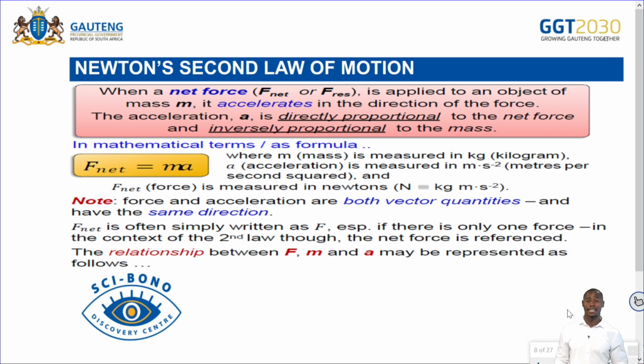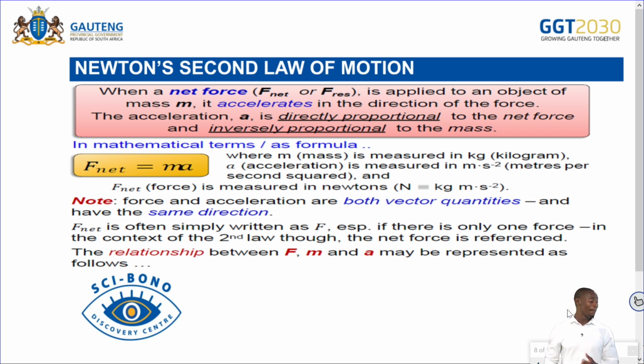Then Newton's second law. Now when it comes to Newton's second law, it states that when a net force is applied on an object, it accelerates in the direction of the net force with an acceleration that is directly proportional to the net force and inversely proportional to the mass. Okay, so now there's a net force acting on an object. Previously, with Newton's first law, what is the magnitude of the net force?